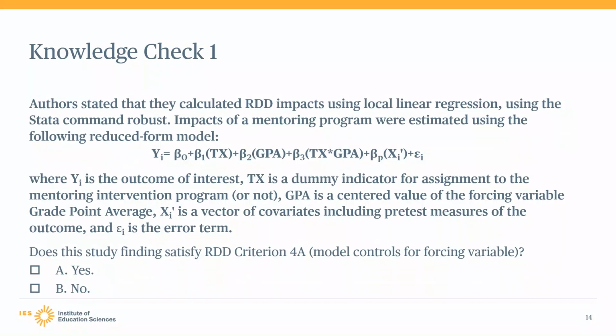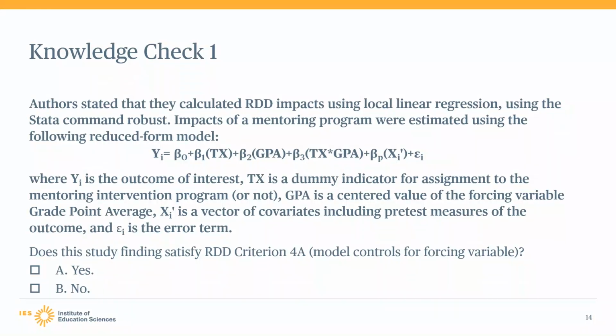Y_i equals beta naught plus beta 1 times TX plus beta 2 times GPA plus beta 3 times the interaction between treatment and GPA plus beta times X_i0 plus epsilon_i, where Y_i is the outcome of interest, TX is a dummy indicator for assignment or not to the mentoring intervention program, GPA is a centered value of the forcing variable grade point average, X_i0 is a vector of covariates including pretest measures of the outcome, and epsilon_i is the error term.